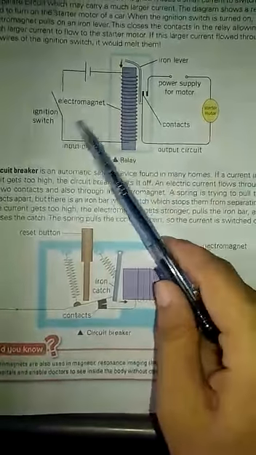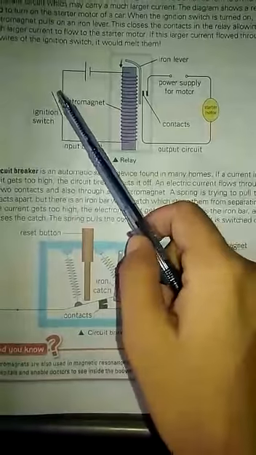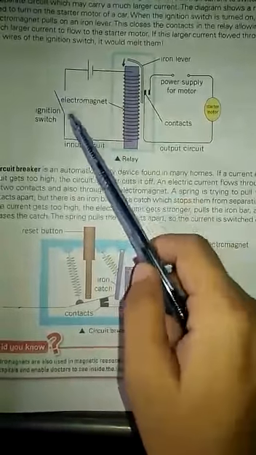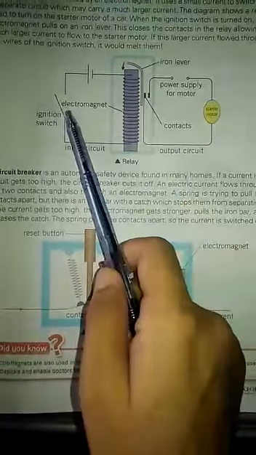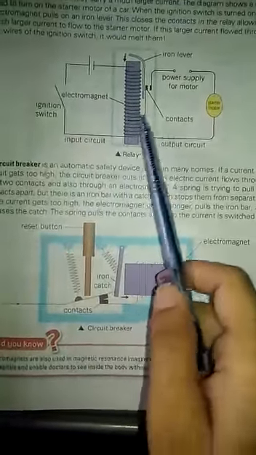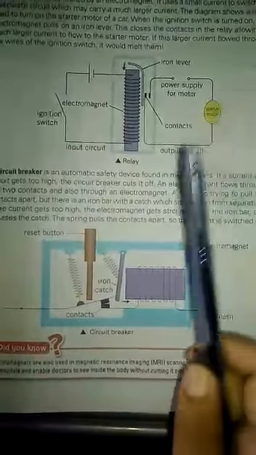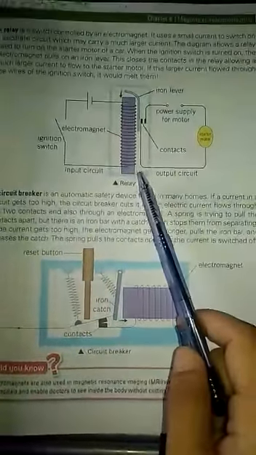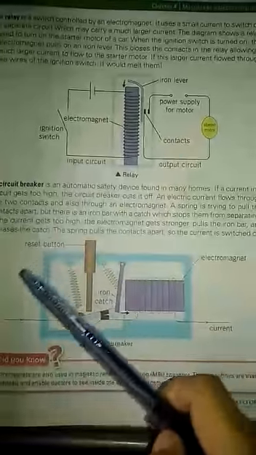Students, you have to know that this current will not pass through the ignition switch, because then these wires will melt. So this current must flow through the starter motor. This is the use of electromagnet in the relay.